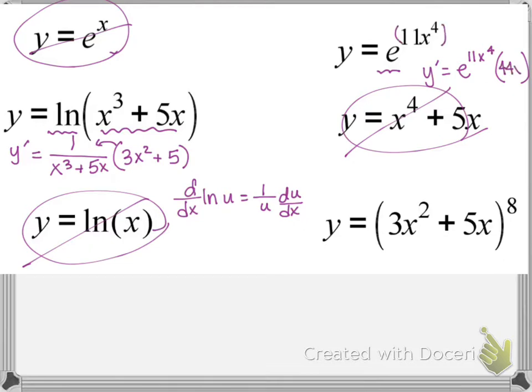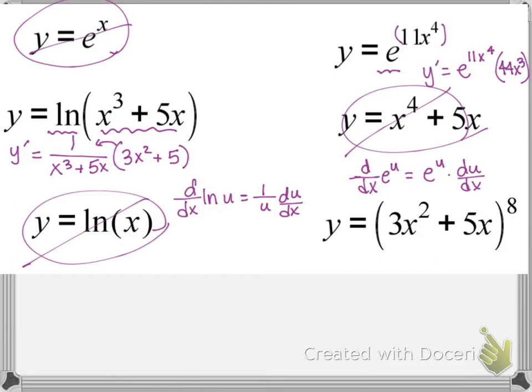We get 44x cubed. Okay, so again, when we put that on our formula chart, if we have the derivative of e to the u, some function other than x, that derivative is going to be e to the u times du dx. e to the power times the derivative of the power.